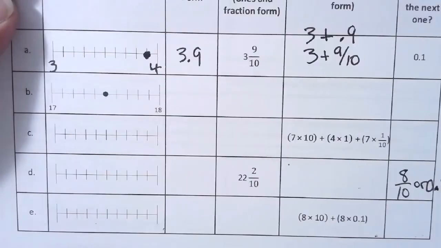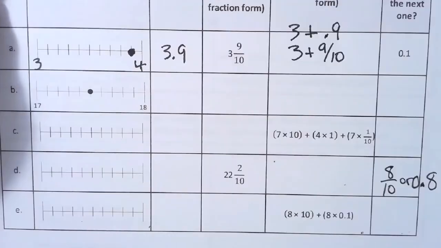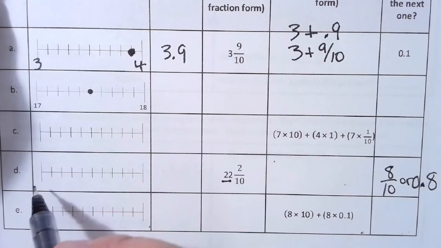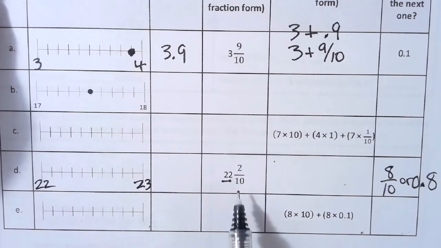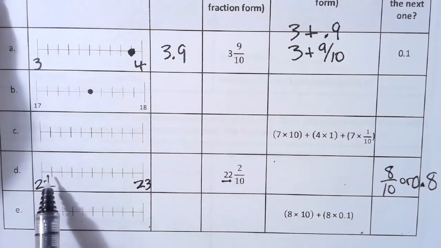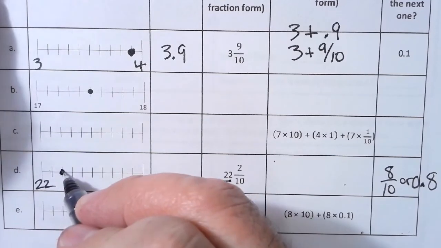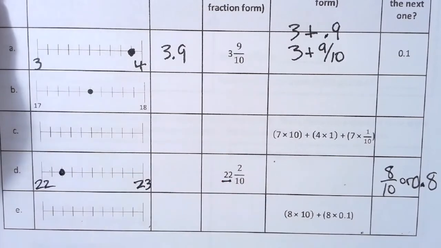All right, let's go ahead and label our number line. Our number line is going to be between 22 and 23. 22, 23, and let's figure out where 22 and 2/10 is. 1, 2. Man, this is too easy. There's 22 and 2/10. 2/10 is right there.